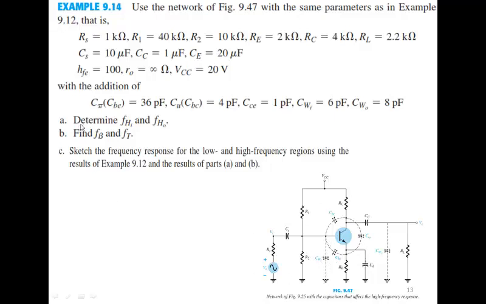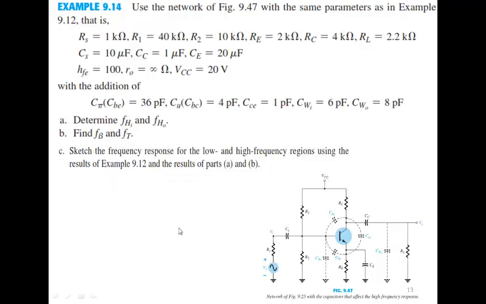Determine the following quantities: FHI, FH0, find F beta and FT. At the end, in part C, sketch the frequency response for low and high frequency regions using results of example 9.12 and of this example parts A and B.